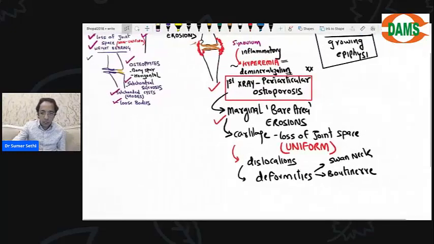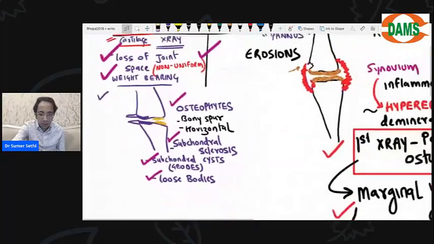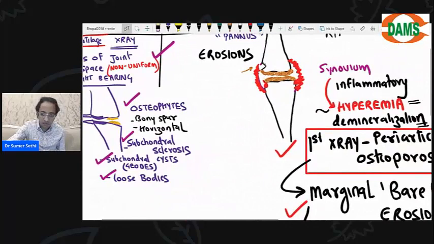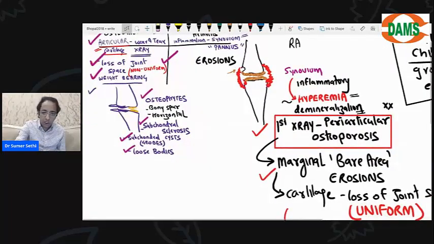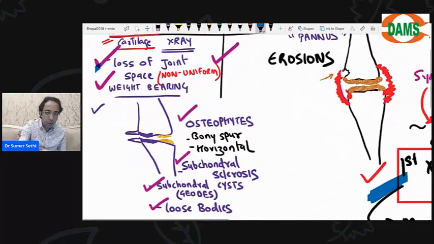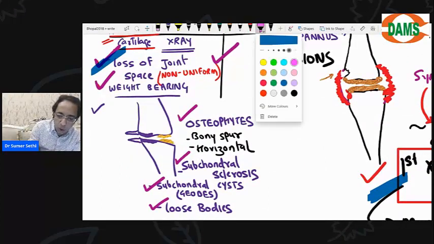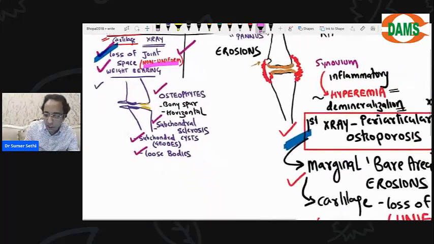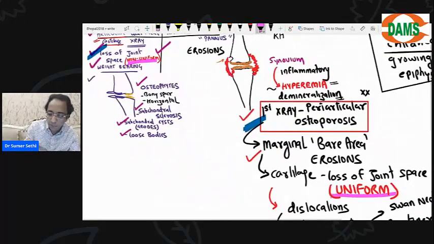Now, let's try to understand the difference. Rheumatoid arthritis begins with periarticular osteoporosis, while osteoarthritis begins with non-uniform loss of joint space. The loss of joint space in osteoarthritis is non-uniform. In inflammatory conditions, it is uniform.